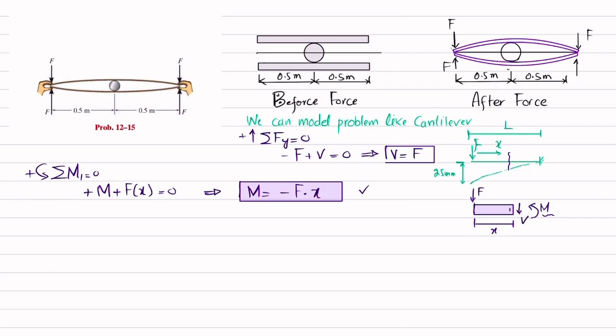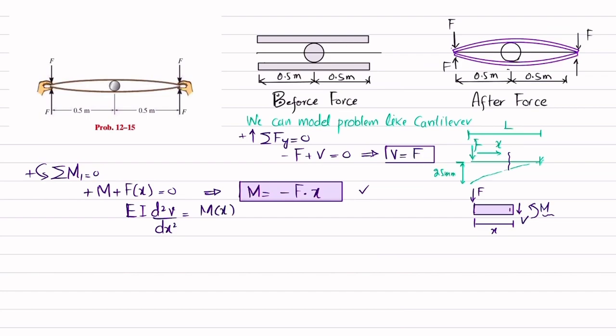Now we know that from the equation of the elastic curve, we have EI into d square v over dx square, where v is the deflection, is equal to the moment. The moment is a function of x.